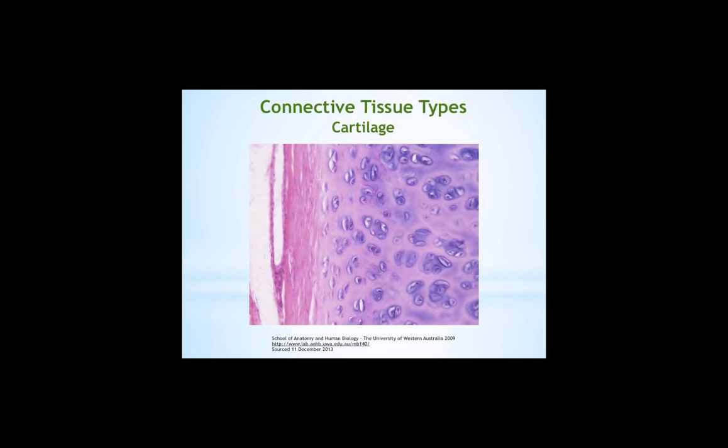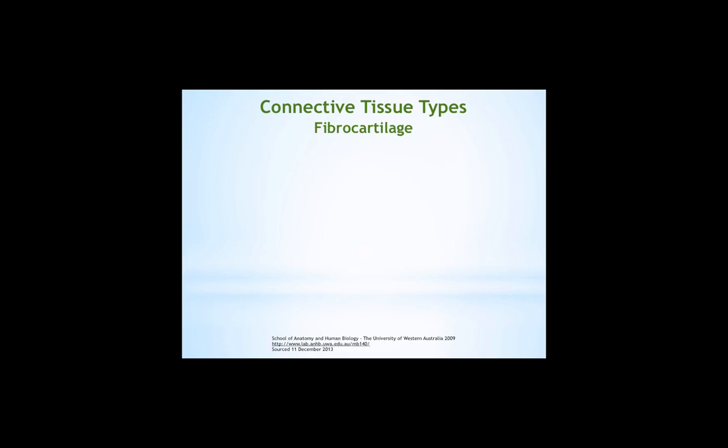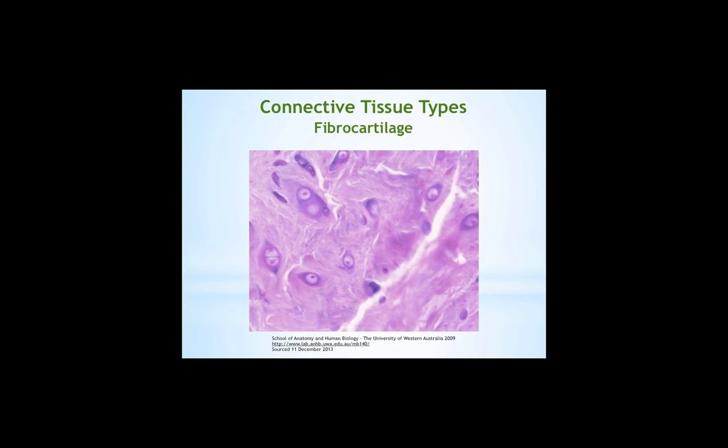Cartilage is made up of a matrix, that pink material, sort of featureless material, and then you can see the chondrocytes, which are the cartilage cells. The fibrocartilage is made up of fibrous tissue, which you can see there, and you've got chondrocytes and also fibroblasts.